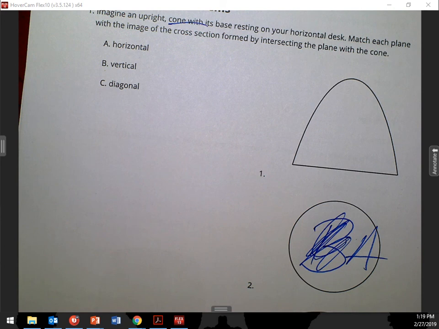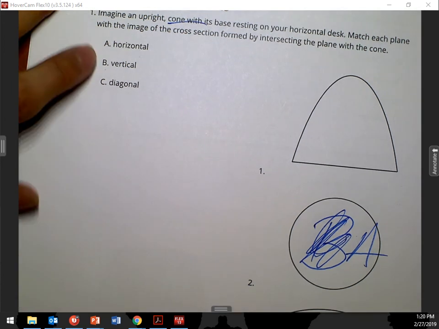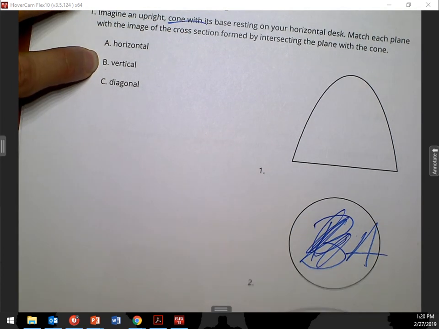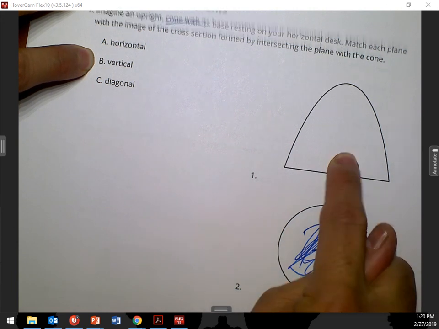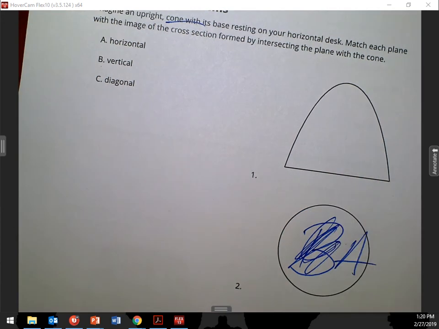So it'd be straight up and down, so a vertical line would be straight up and down. Remember, I karate chopped that cone. When I karate chopped it not down the center, what shape did I get? One right here. This is going to be my parabola, right?